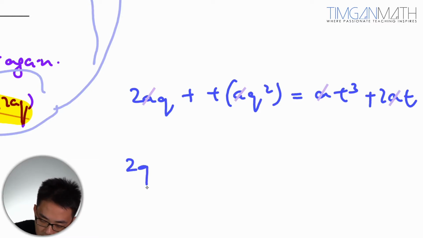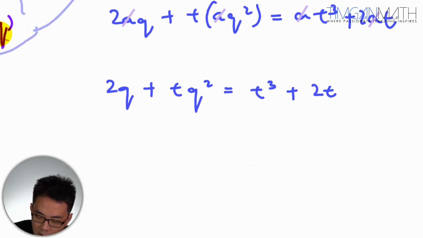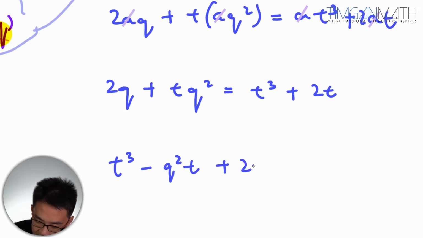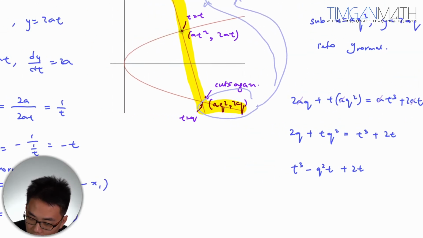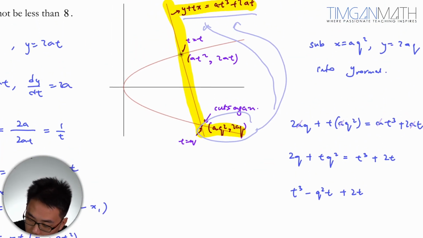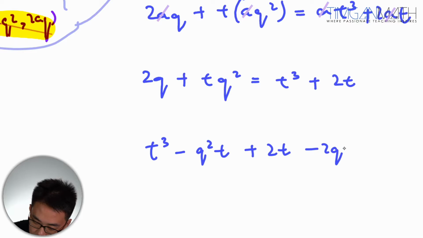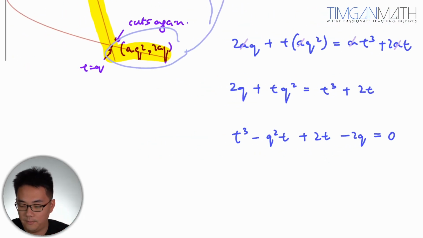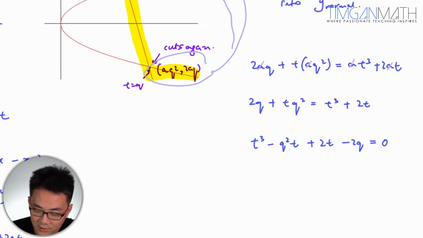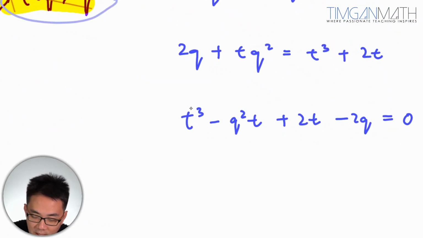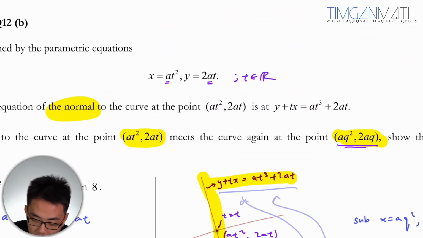There'll be 2q + tq² = t³ + 2t. Interesting, what's wrong here? Minus 2q. Great. So at a glance, obviously this is a cubic expression, so we need to find a solution to this equation here.